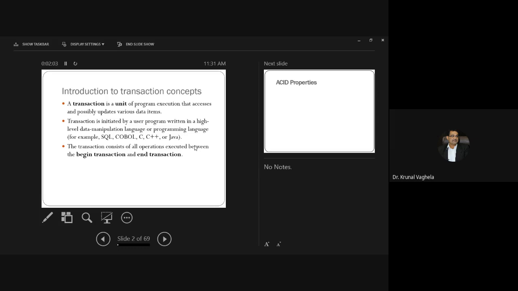First, it will check whether 1000 USD is available in your account or not. If yes, then it will deduct from that account, update the new balance, then credit the destination and update the balance. So 4 or 5 activities are involved.